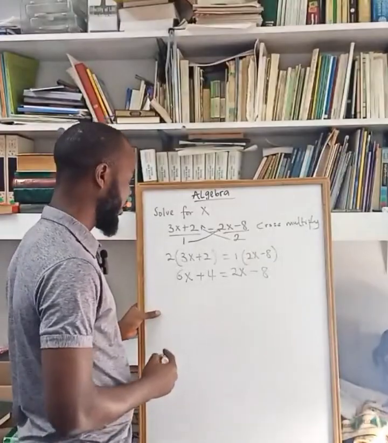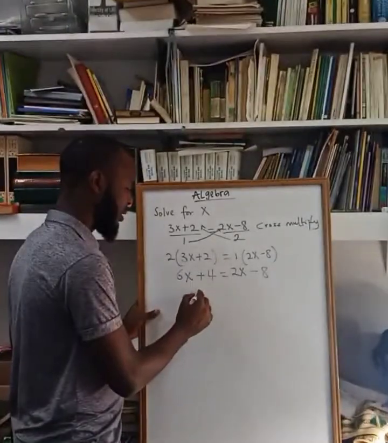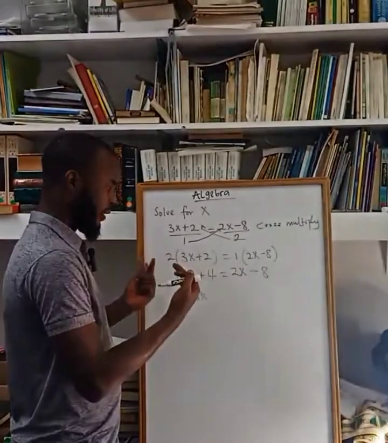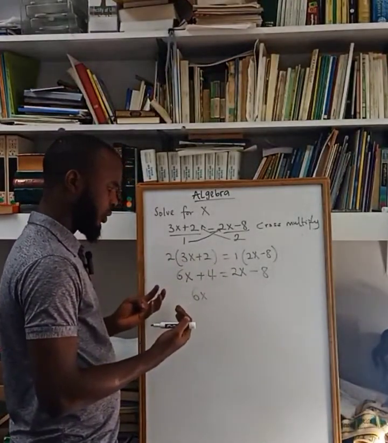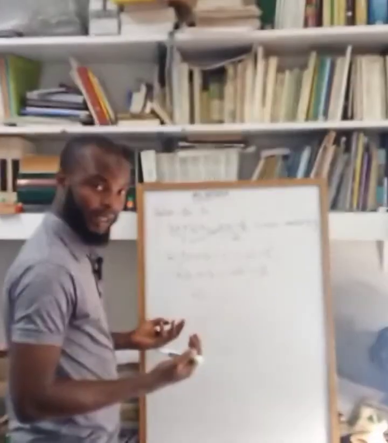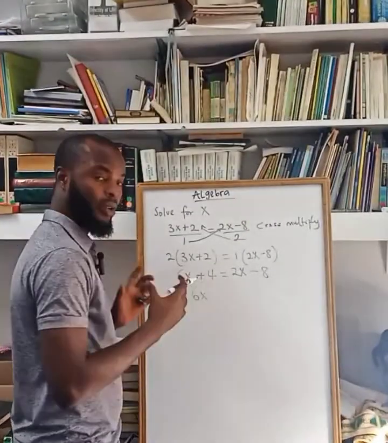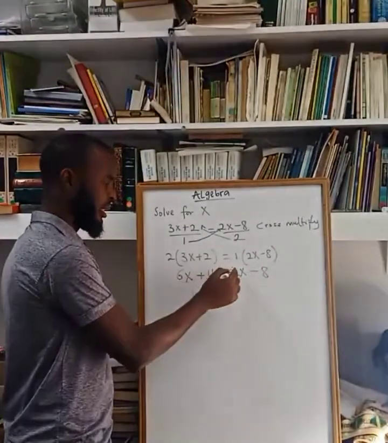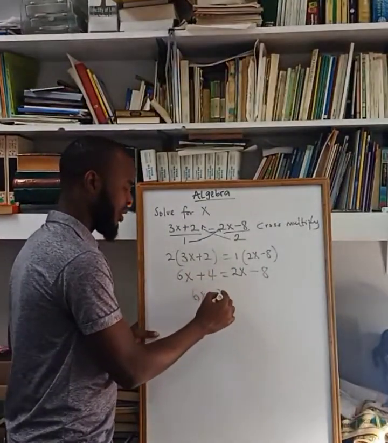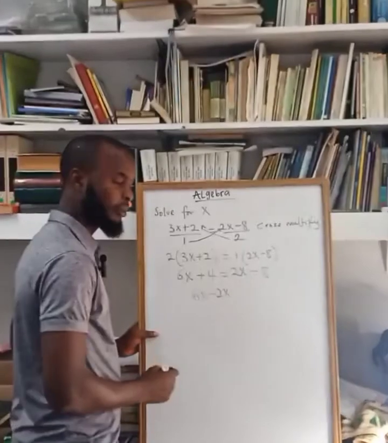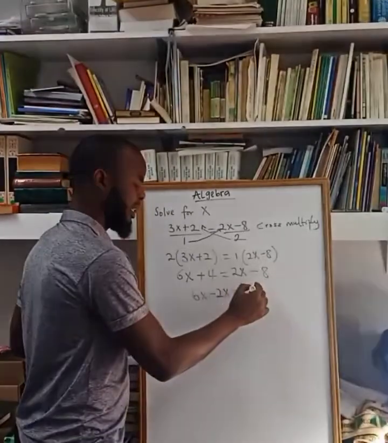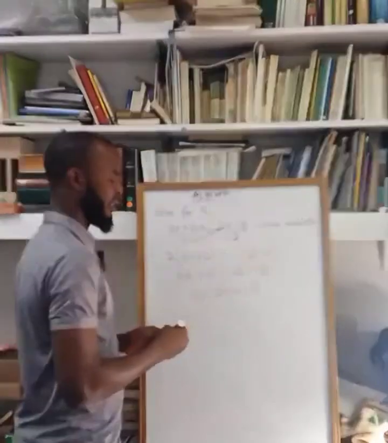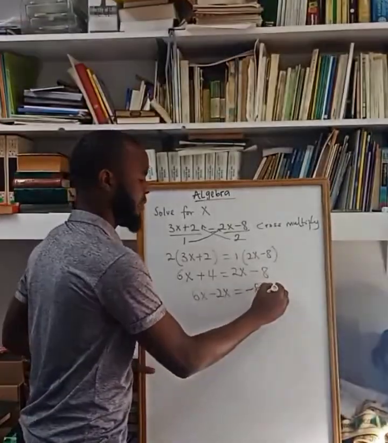So by proceeding, here I'm having 6x plus 4 equals 2x minus 8. You can add negative 2x to both sides, and either way, you can collect like terms. If 2x is coming to the left-hand side, you're going to have negative 2x, and if positive 4 is going to the right-hand side, you're going to have negative 4.